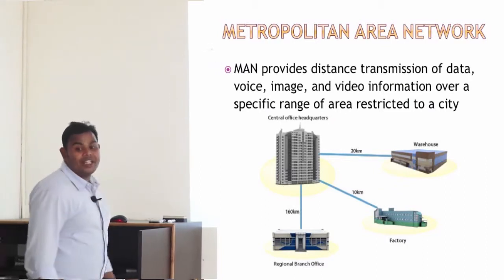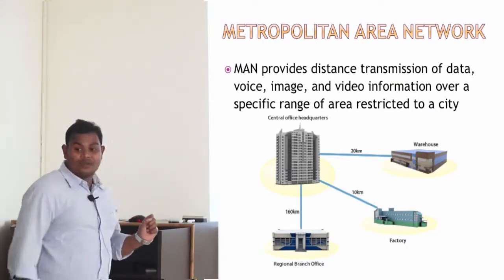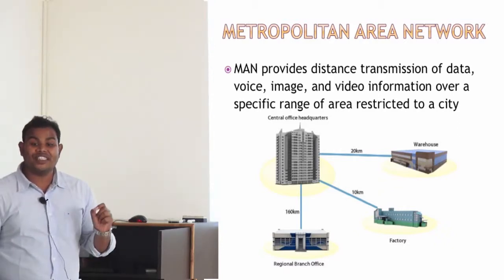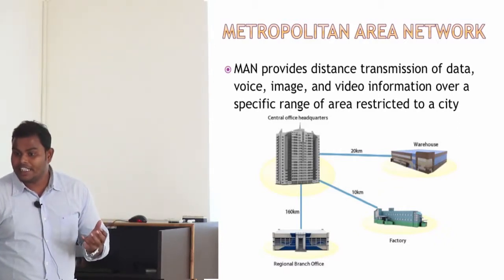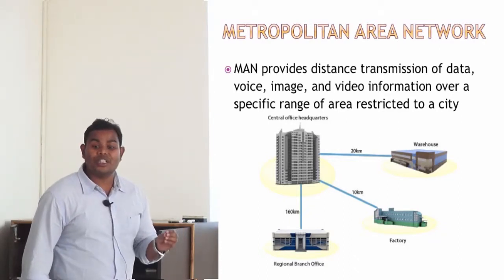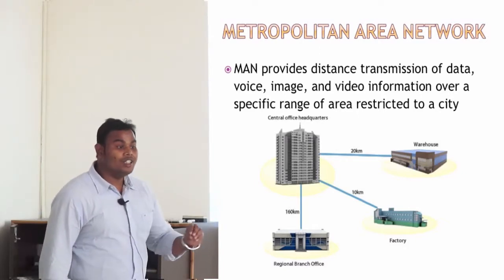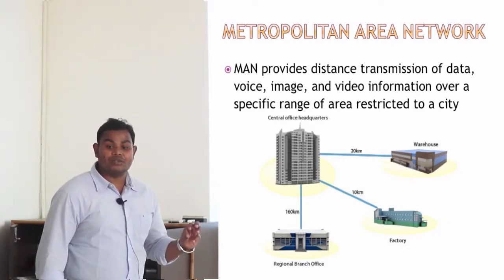Last thing is MAN. What is MAN? MAN or metropolitan area network is nothing but a special type of WAN. A special type of WAN, but it is limited to a city. Generally, we are using this type of network in metro cities.